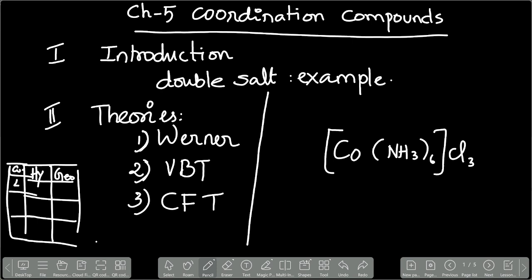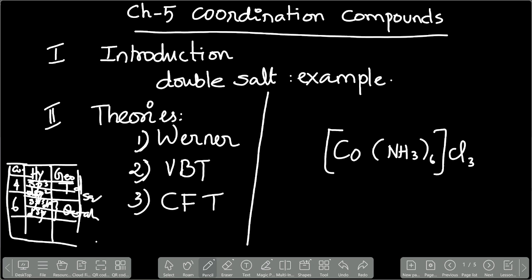So coordination number 4 and 6 you can take. For coordination number 4, you have two types of hybridization, sp3 and dsp2, and for 6 you have sp3d2 and d2sp3. So for coordination number 6, geometry is octahedral, sp3 is tetrahedral and dsp2 is square planar.